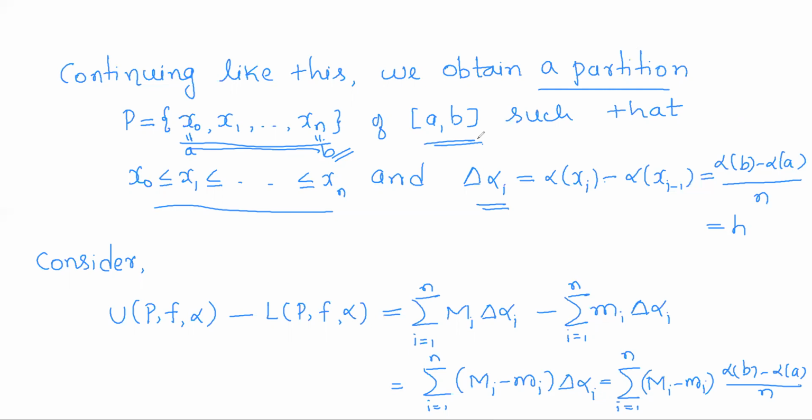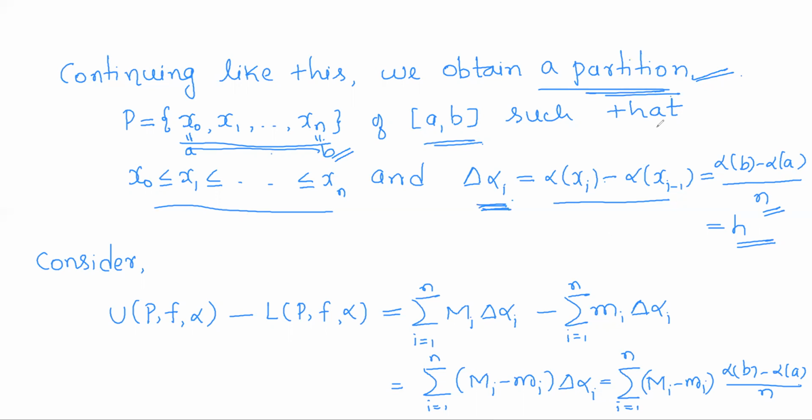So continuing the above process, we get finitely many points from a to b, which is nothing but a partition with the property that delta alpha i, which we define to be alpha of xi minus alpha of xi minus 1, is always h. It will be h, which is equal to alpha of b minus alpha of a divided by n. Here n is any positive integer. So we started with an arbitrary positive integer n, and we obtained a partition P with this property.